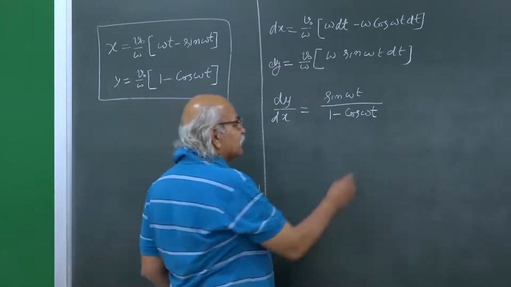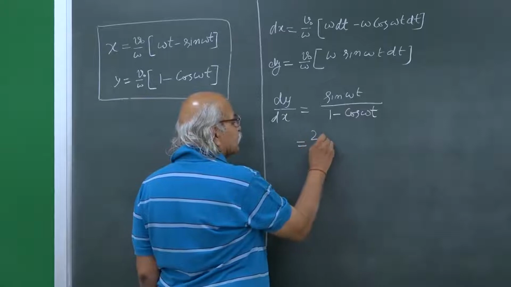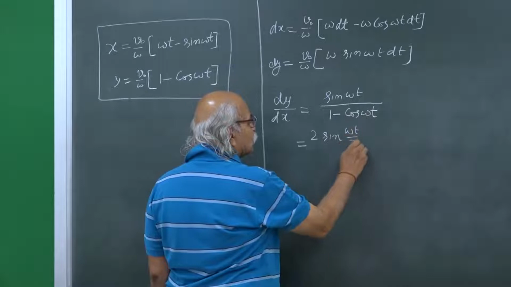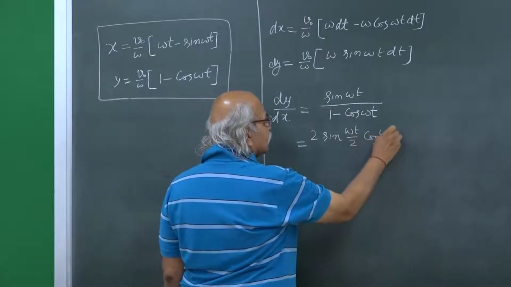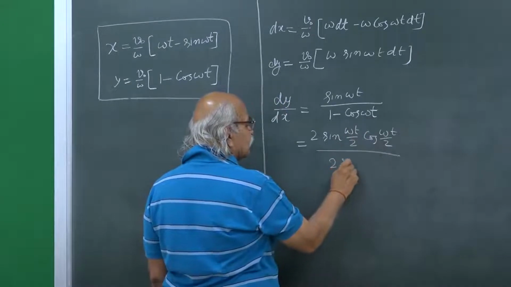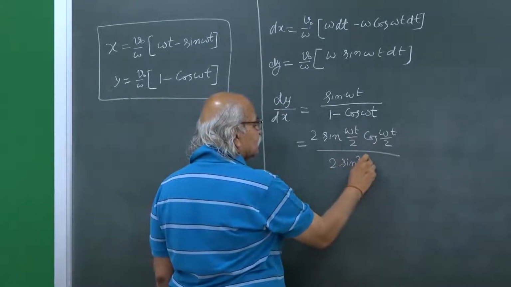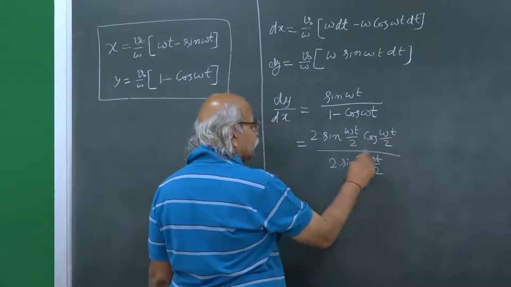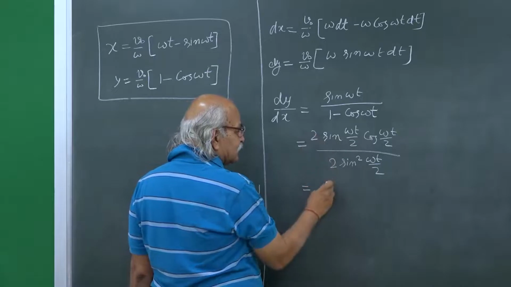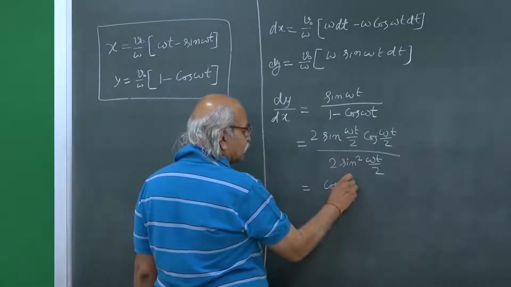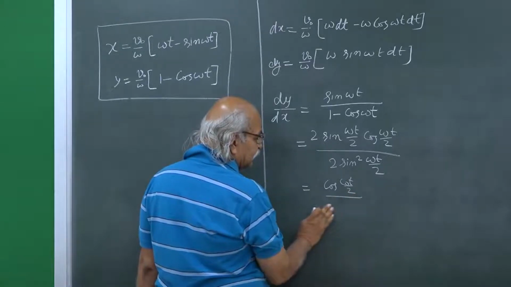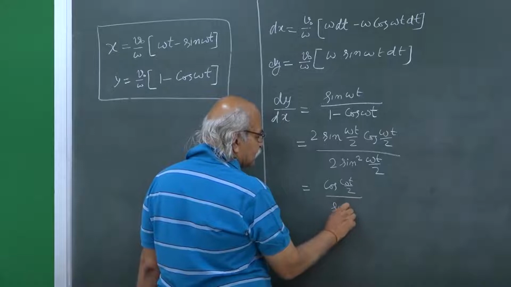And we can factorize, we can write the numerator as 2 sine omega t by 2 cos omega t by 2, and 1 minus cos omega t is 2 sine square omega t by 2, and you can cancel one sine omega t by 2, you can cancel this 2, and you get cos of omega t by 2 divided by sine of omega t by 2.